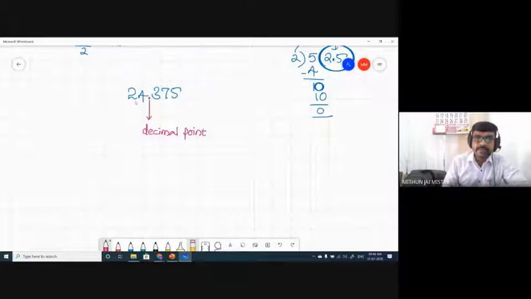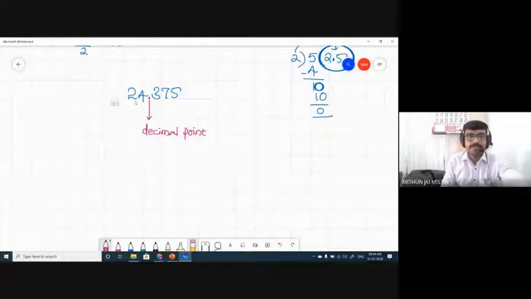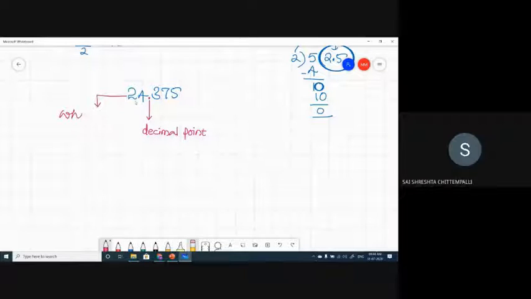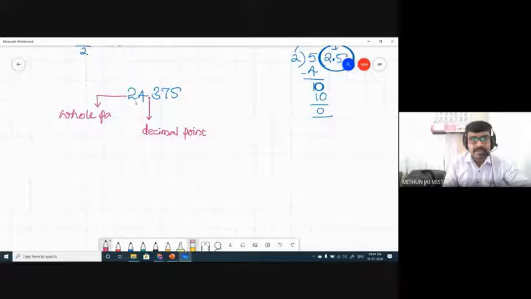So that's why we call this 24 the whole part, or we can call it the integral part. When I ask you, you tell, please let me complete. I will definitely give you a chance.